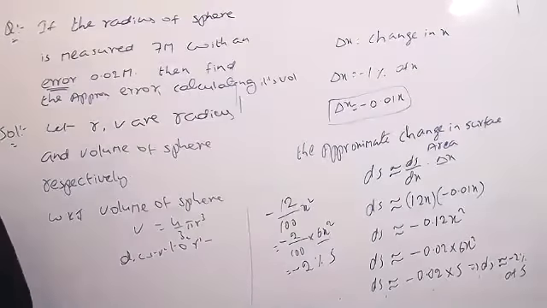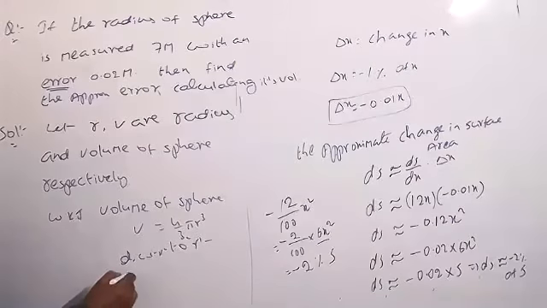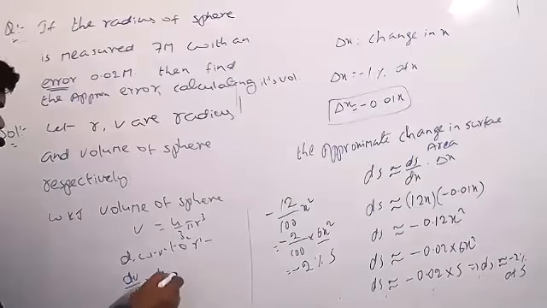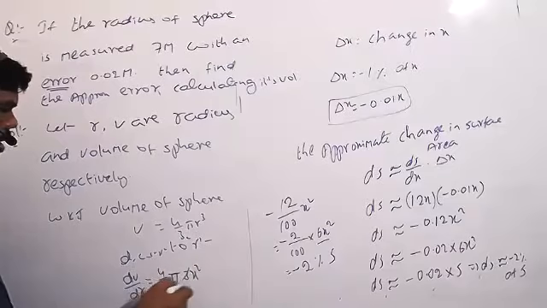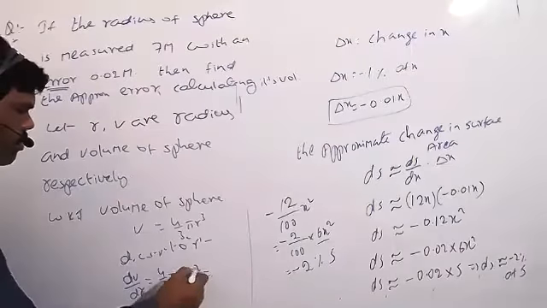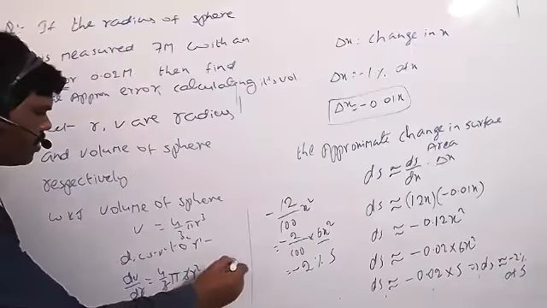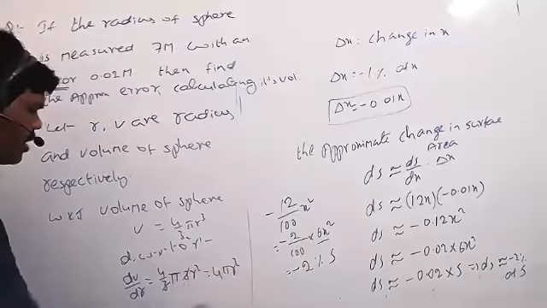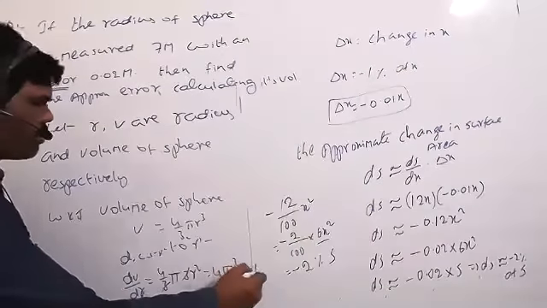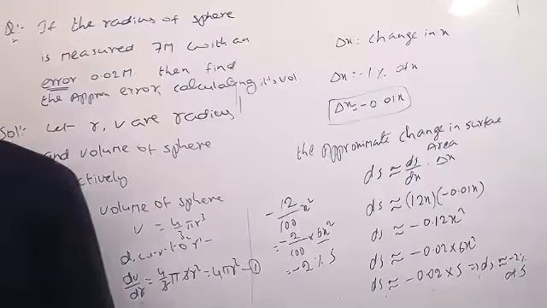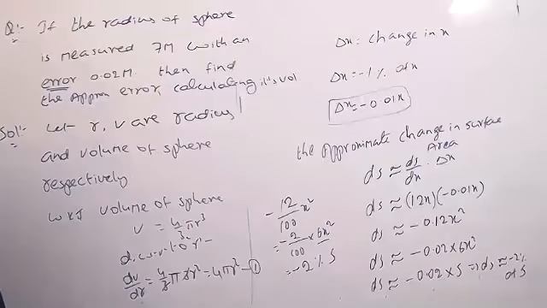So dv by dr equals 4/3 pi, which is a constant, and the derivative of r cube is 3r square. The 3 will cancel. This equals 4 pi r square. This is the dv by dr value. Take it as equation number 1.